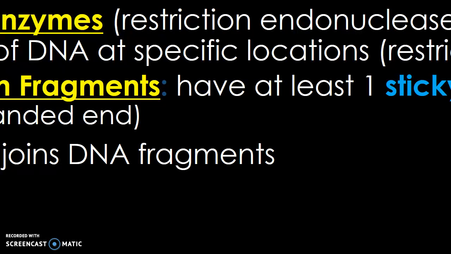So restriction fragments have at least one what we call sticky end, or end that isn't parallel to the other end. So that's a single-stranded end that sticks out, that can bond to other things, and that's why we call it sticky. So then we also have DNA ligase, which we've learned about in our transcription translation unit, and that is what joins the DNA fragments together.